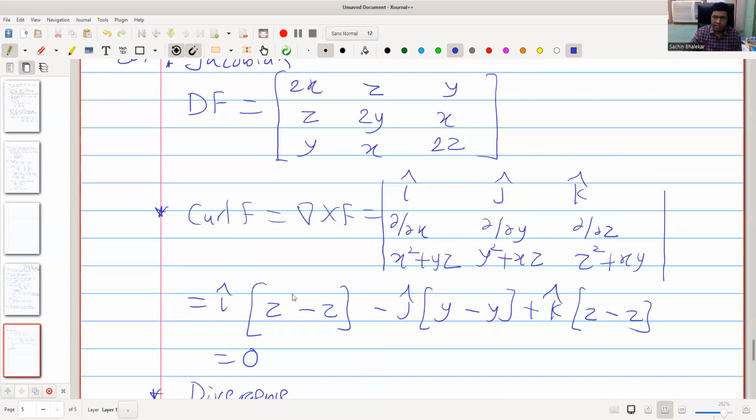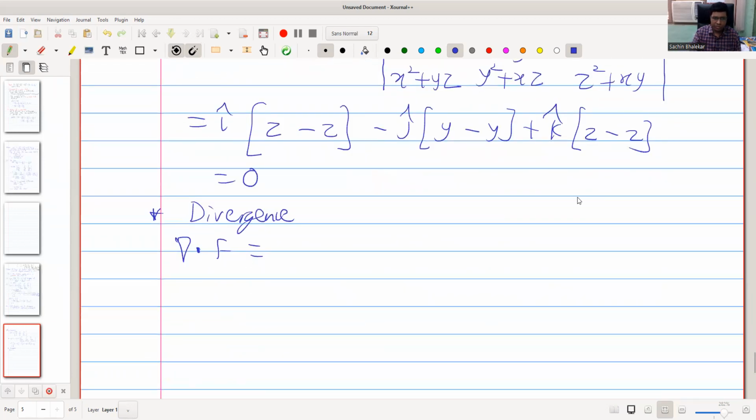These are appearing on the diagonal of the Jacobian matrix. So these are required things. So we just add these things. So 2 times x plus y plus z. Okay. So this is required thing.